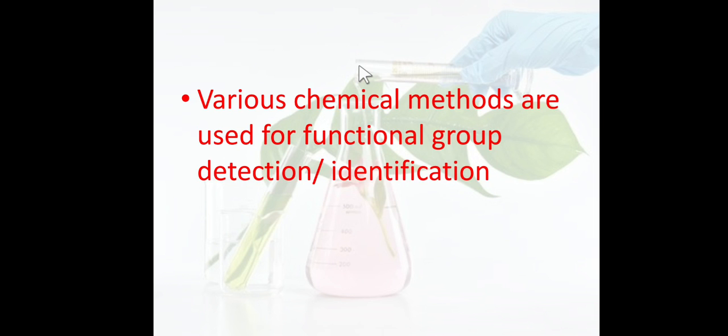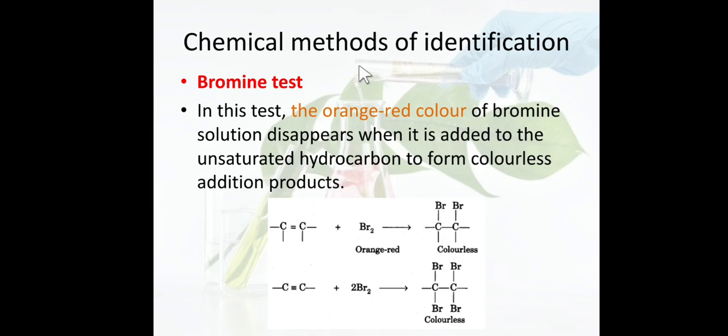There are various chemical methods used for functional group detection, especially in the 1960s and 70s when NMR or other spectral methods were not so sophisticated, or I will say not so authentic. So let's see what chemical tests are used for the identification of functional groups.